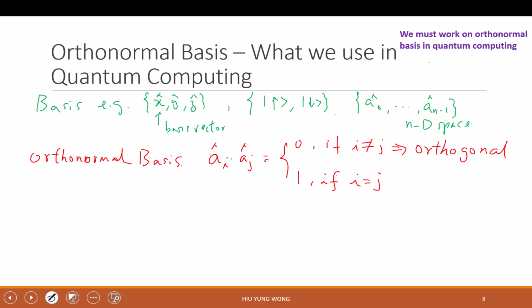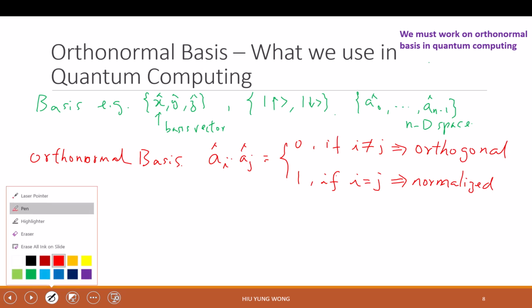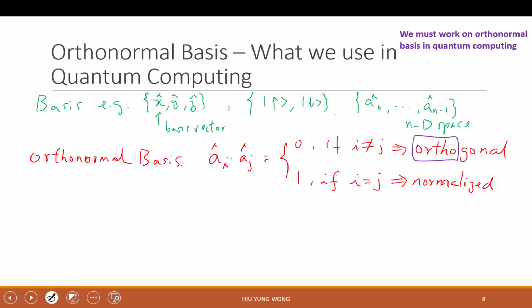But if I equals J, meaning you are doing the inner product with itself, A0 dot A0 or A10 dot A10, it is 1, which means the vectors are normalized, as I told you earlier. And that's why it's called orthonormal. So this basis is an orthonormal basis. The space we are going to use for quantum computing needs to be orthonormal. You will understand later why.